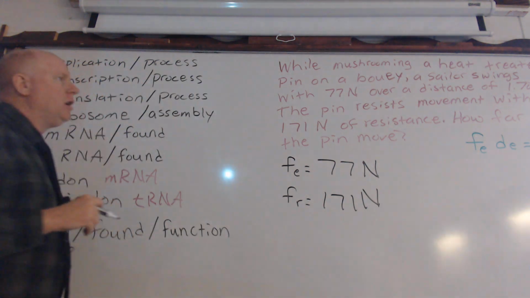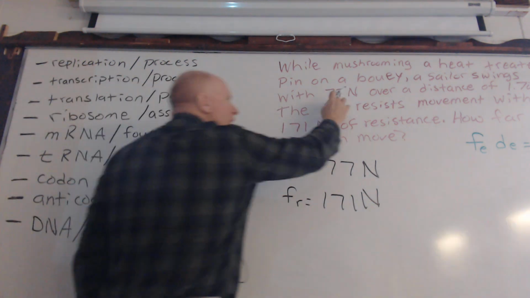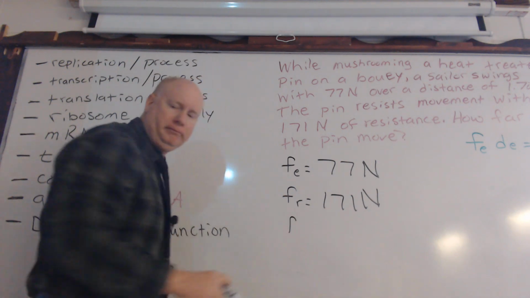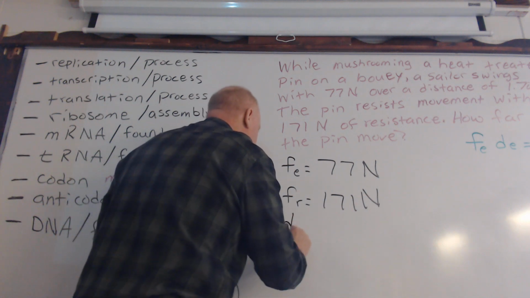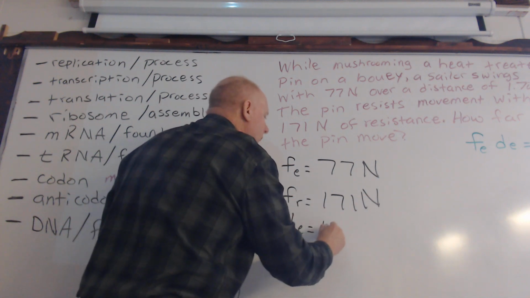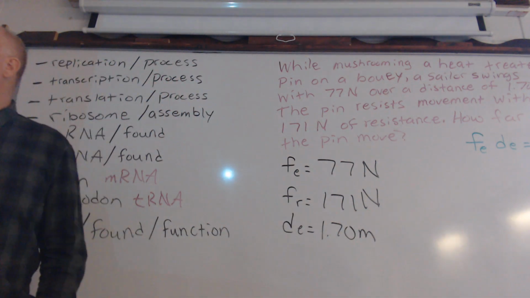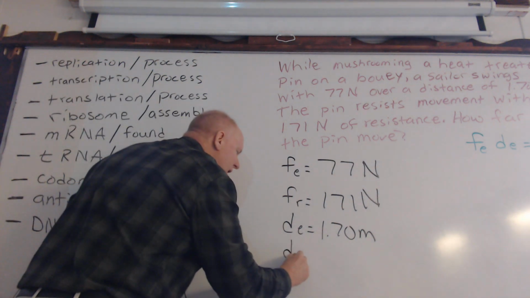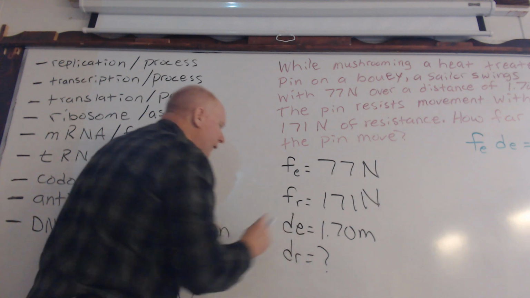What else do we know in this problem? Okay? Swings with this much force over a distance of 1.7 meters. So what's the last variable that we're looking for? We're going to look for a resistance. The resistance distance.